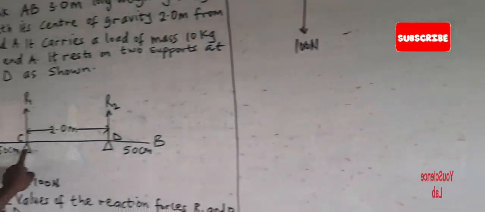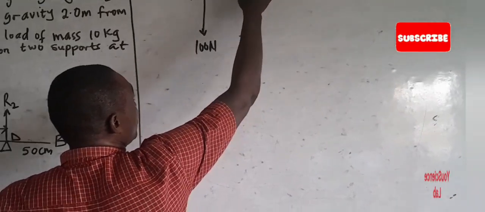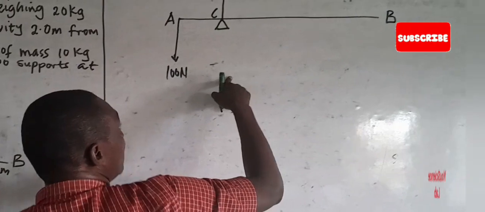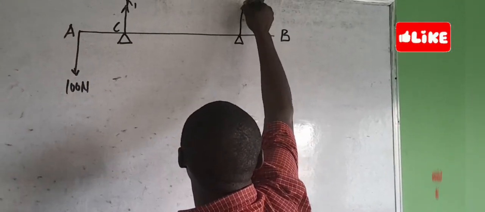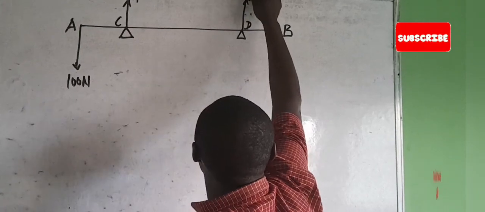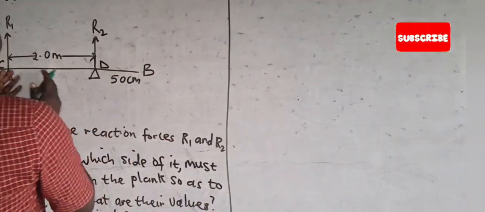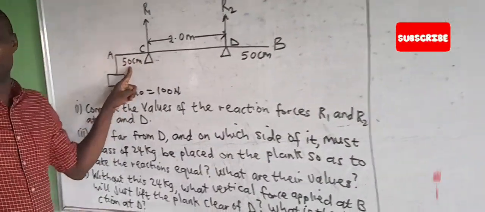Now there is a pivot here, or knife edge, or a support here. So this is support C, and include the reaction R1. Let me place the other support D, and the reaction is R2. Now the distance from A to C is 50 cm.